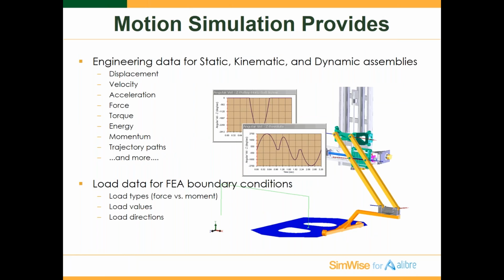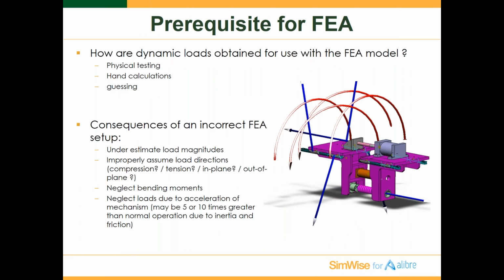So when we do motion simulation, we calculate the displacement, velocity, acceleration, and reaction forces of all the parts that are moving or that are impacted by moving parts in the assembly. And as we mentioned, we can take these forces and torques that we calculate and use them as finite element analysis boundary conditions directly.